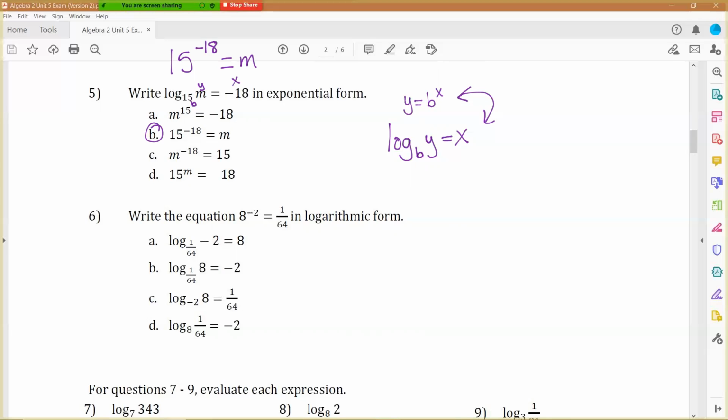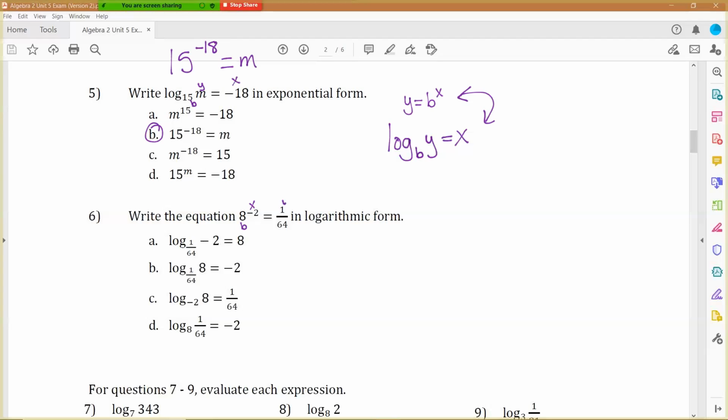And I'm doing the exact opposite for question number 6. I'm going to label this time the exponential equation. Whoops, I wrote that backwards.